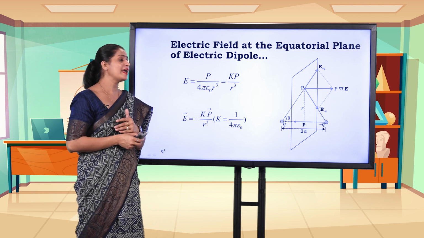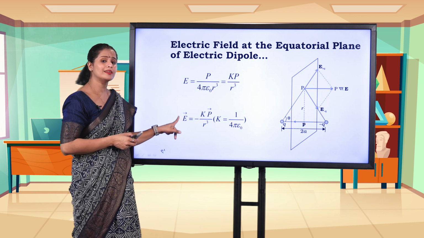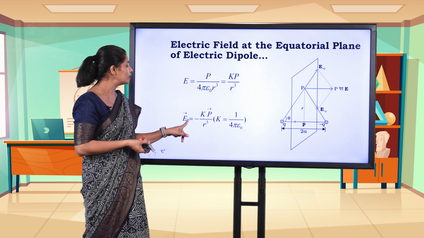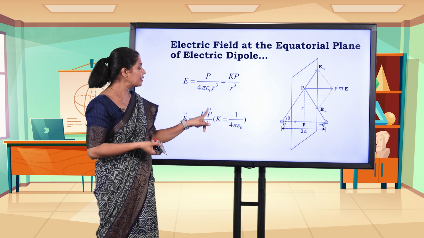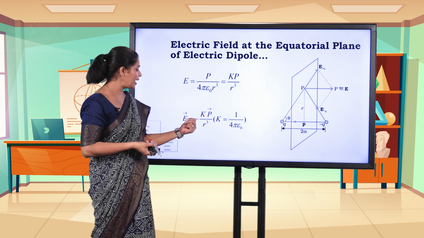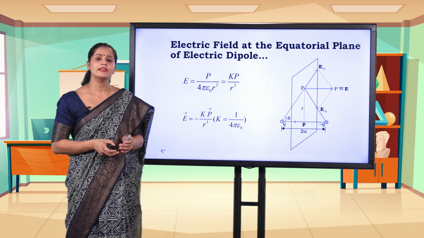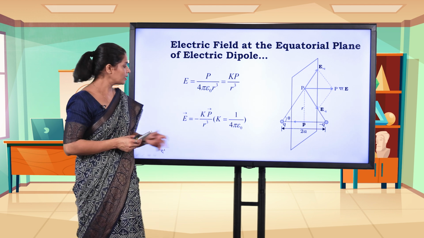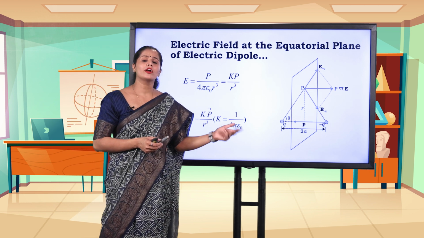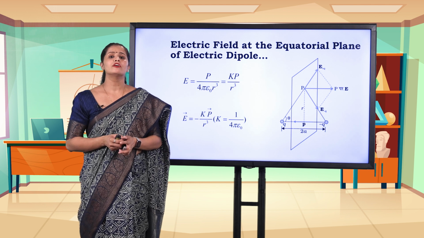If we write that in the vector form, the electric field vector E is equal to minus k p vector divided by r cube, and the reason for the negative sign is already known to us. What about epsilon naught? Epsilon naught is the permittivity of free space.